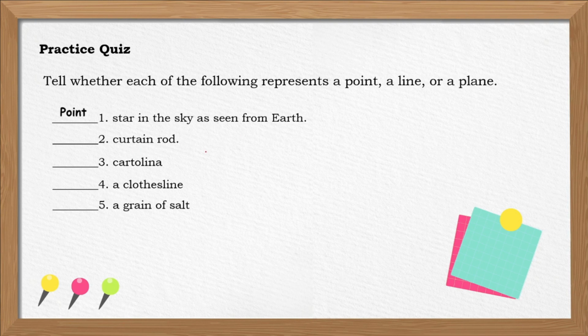A curtain rod is a representation of a line. Cartolina is a representation of a plane. Clothesline is a representation of a line. A grain of salt is a representation of a point.